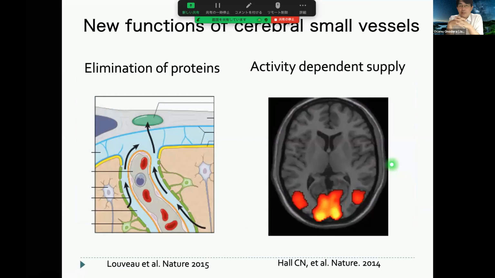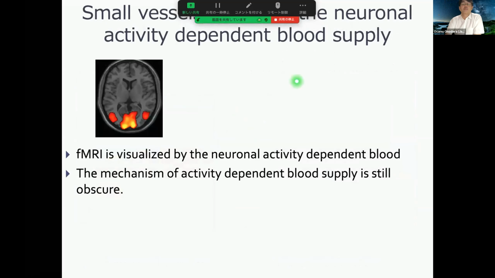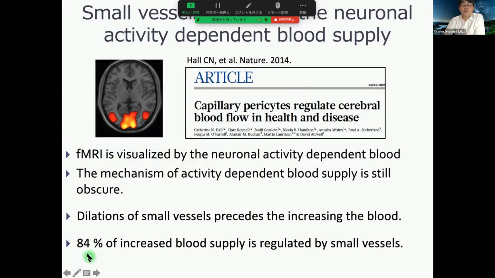So why do these kinds of dilated vessels cause disease in these individuals? This is my hypothesis. Recently, two unique functions of the small vessels have been identified. One is the elimination of protein. The other is activity-dependent blood supply. Among them, the activity-dependent blood supply is a very unique property of the small vessels. And about 84% of increased blood supply is regulated by small vessels.